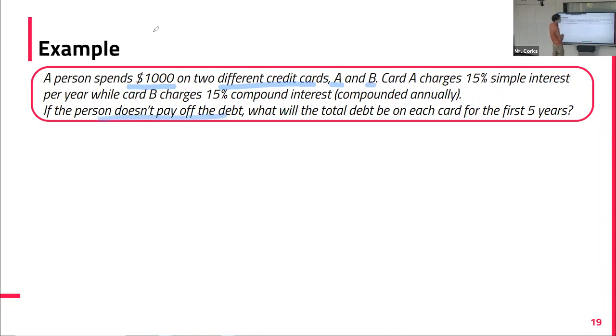The first card has 15% simple interest, and the other card B has 15% compound interest. So we want to see what will happen to the value of the debt, the amount owed, for the first 5 years. What pattern will we notice?